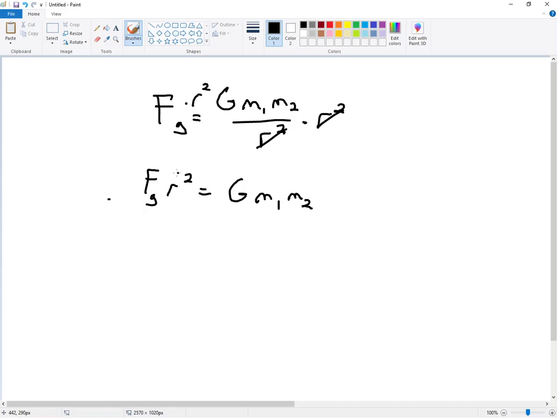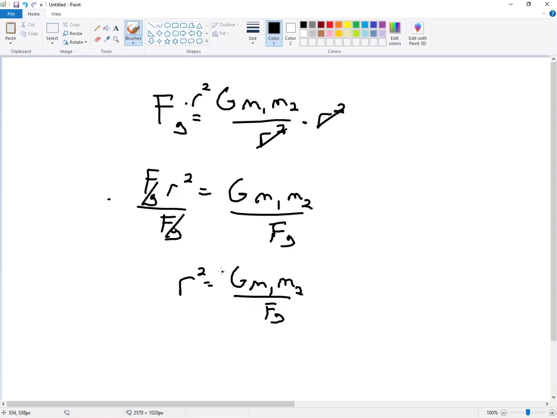And then if I want to get R by itself, let's get rid of FG first. So I divide both sides by FG. So it cancels here. I have R squared equals G M1 M2 over FG.